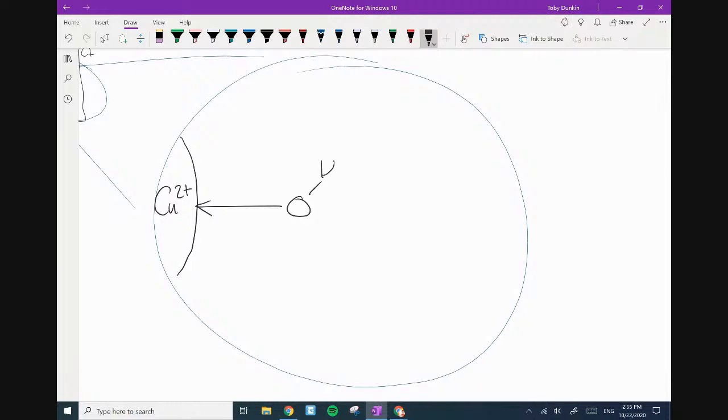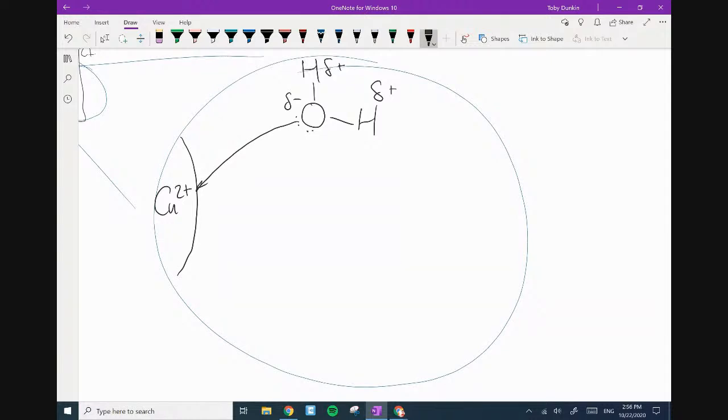Let's look at this in a series of steps. The water molecule previously was over here, and it was already polar. This is why it's attracted to it in the first place. And it has 2 lone pairs of electrons. Now this will bind coordinately to the metal ion.